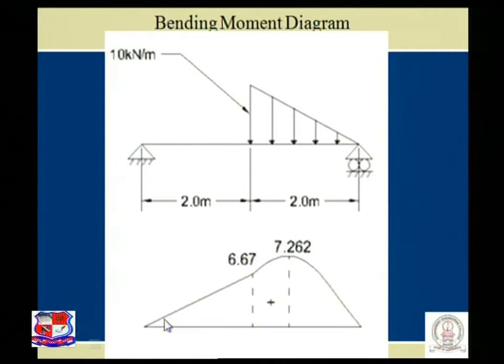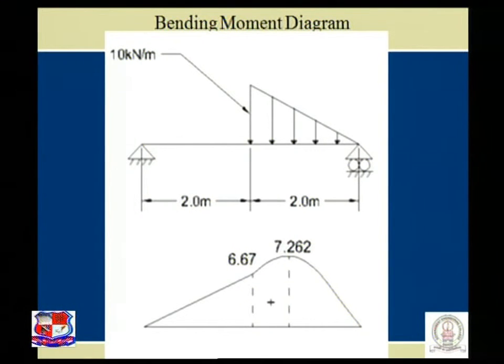The variation of bending moment is given by an inclined straight line, and the magnitude is RA into 2. RA is 3.33 into 2, so 6.67 is the ordinate at point C. Carefully visualize.